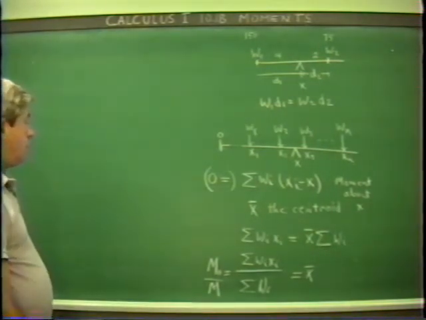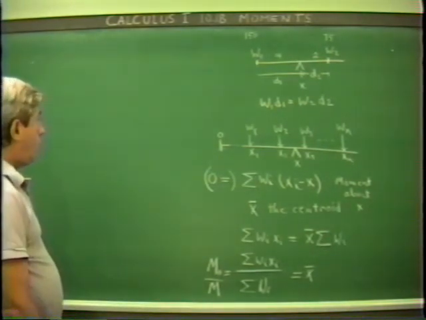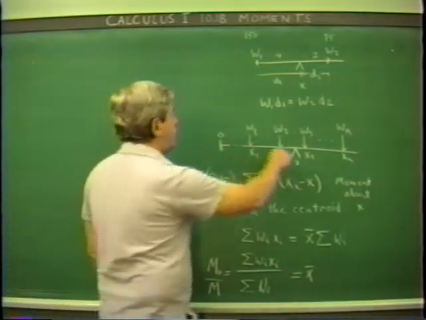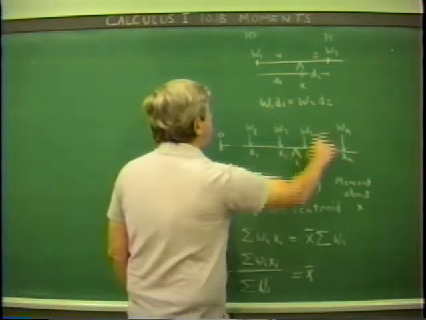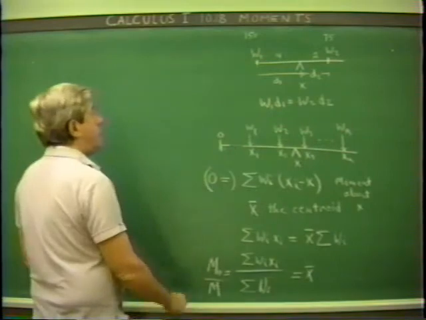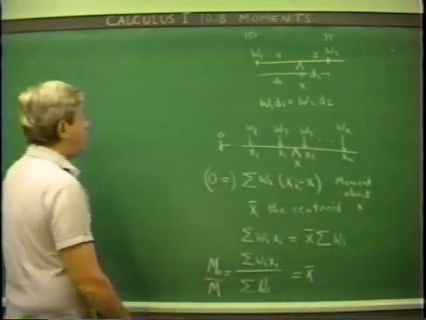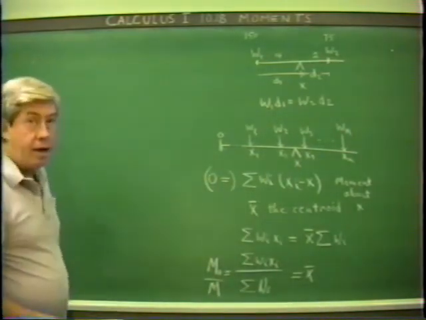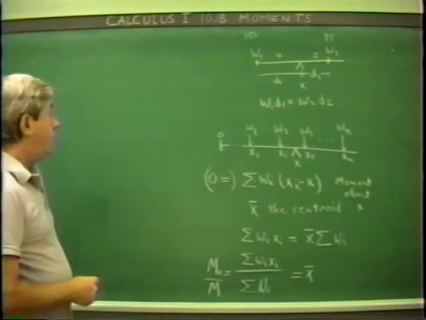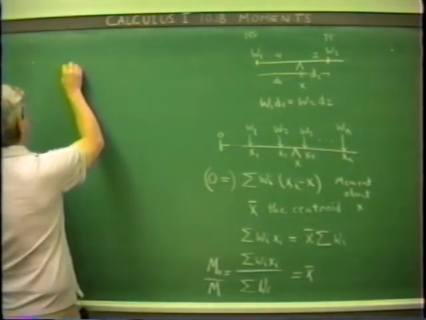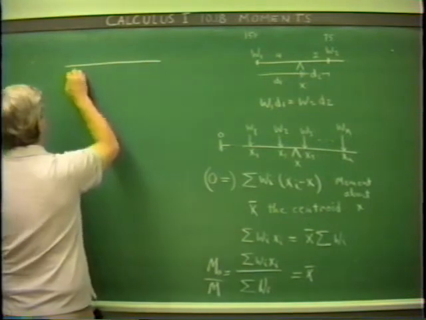So this is sometimes written as the moment about 0 divided by the total weight, or total mass. Now that's the situation for a simple case where you've got a finite number of weights on a line, and you wish to compute where this is going to balance.